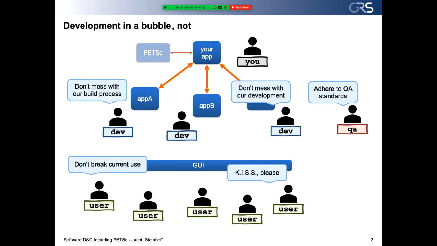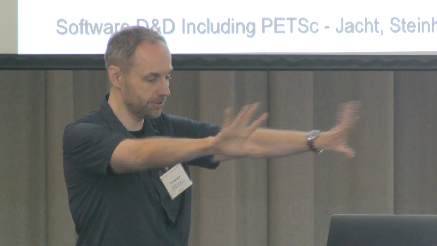So there are other guys. For example, we have some QA department which says, okay, if you want to introduce something, you have to stick to our rules. Then we have the deployment management, which says, okay, we have a bunch of software and we put everything together and deploy it to our customers or to our users.